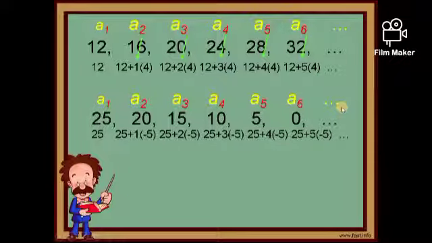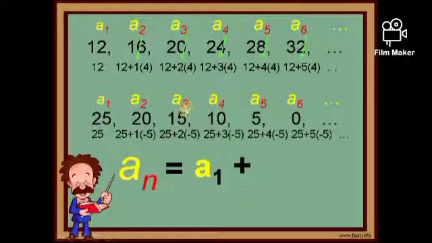So in general, every term of an arithmetic sequence can be written using only the first term and its common difference. So let's see how. a sub n, also known as the last term or the nth term, can be written as the first term plus, stop for a moment, if this is the third term, this is 2.